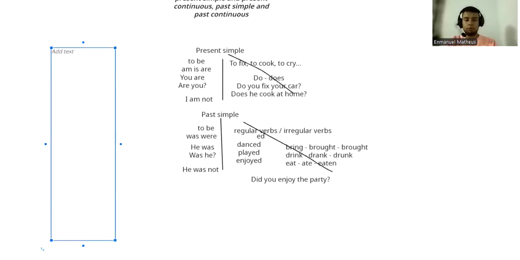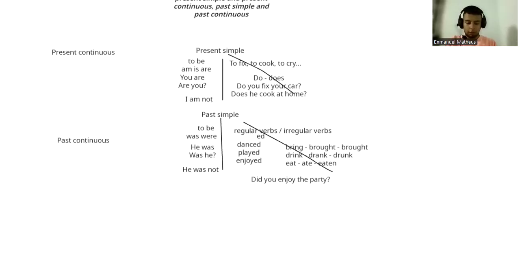Example: he is talking to someone else. He's talking to someone else. We notice this is present continuous because it's something that happens, but it still remains in the present.